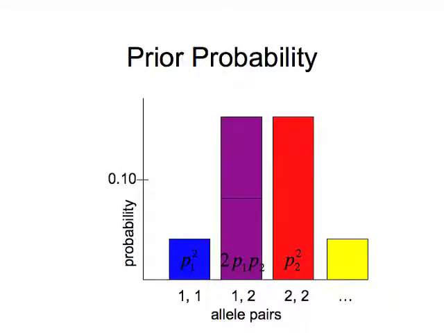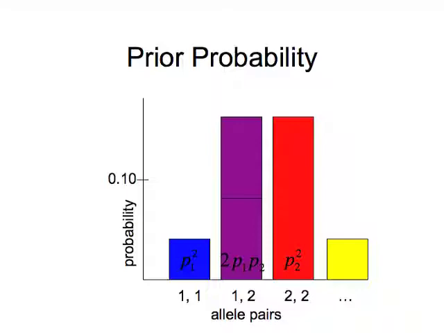Next slide. Rearranging these allele pair probabilities onto an axis of allele pairs, we list out the allele pairs 1, 1, 1, 2, 2, 2, and so on for all the other possible allele pairs, and assembling the probability from the Punnett square we just saw, the homozygote square in blue for allele pair 1, 1 is p1 squared. For the heterozygote, we combine and stack up the two purple bars, each with probability p1, p2, giving us 2p1, p2 for allele pair 1, 2.